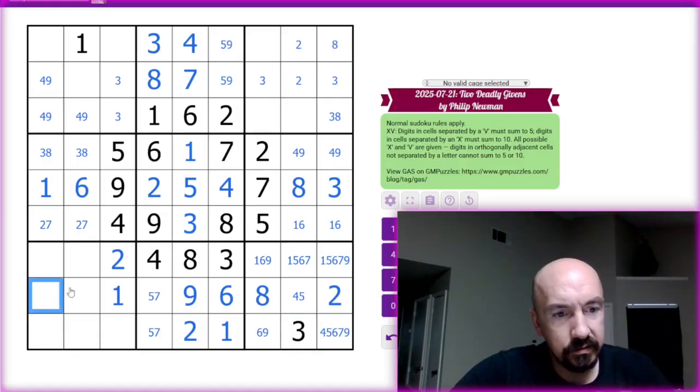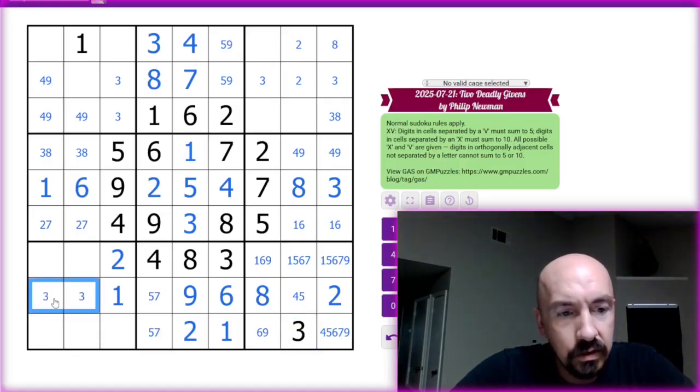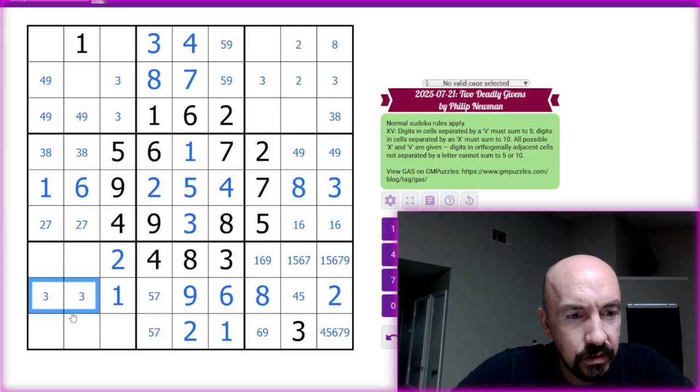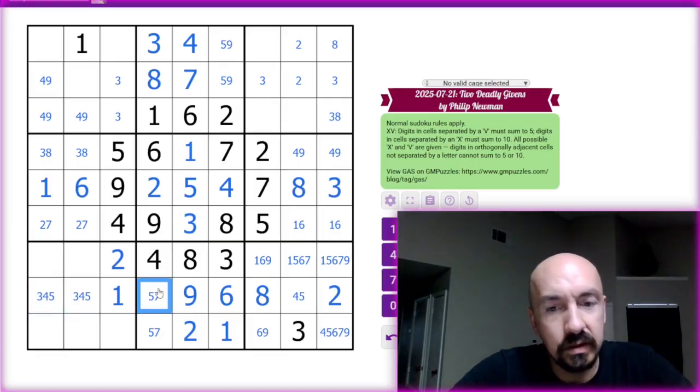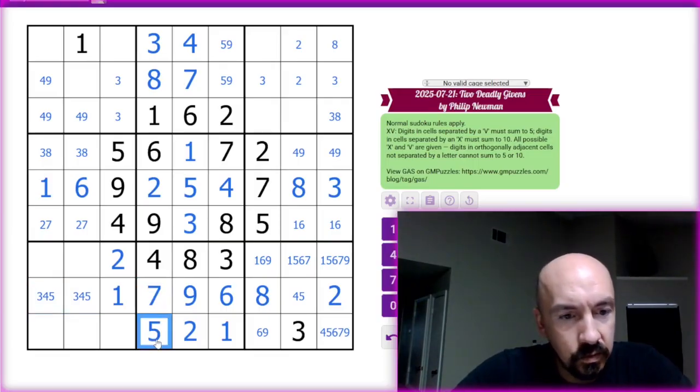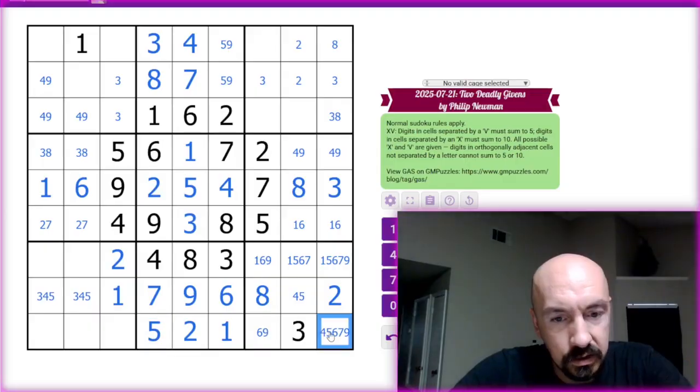So the 3 has to go here now. So 7 can't be here. So this is now 3, 4, 5. So then this is the 7 with a 5 there. Okay, so I can delete this 5.